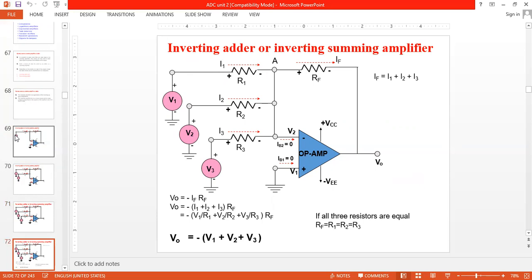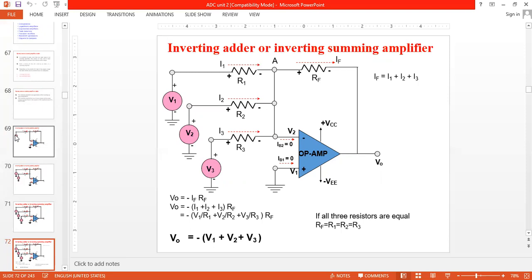So this is the equation for the inverting adder. That is V out is equal to minus IF into RF, where IF is equal to I1 plus I2 plus I3. By using I is equal to V by R, we can get the output. That is V out is equal to minus V1 divided by R1 plus V2 divided by R2 plus V3 divided by R3, and whole multiplication with the RF.